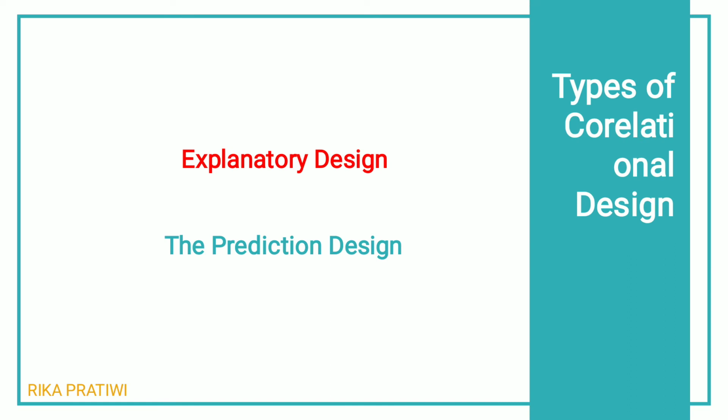So, these are the types of correlational design. The first one is explanatory design. Explanatory design is a correlational design in which the researcher is interested in the extent to which two or more variables co-vary, that is, where changes in one variable are reflected in changes in the other, consisting of a simple association between two variables or more than two variables.